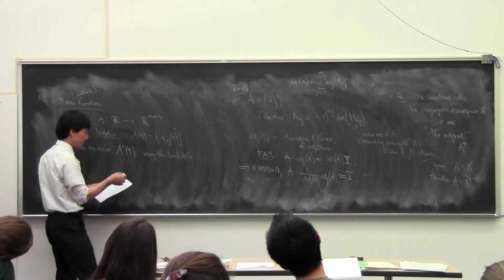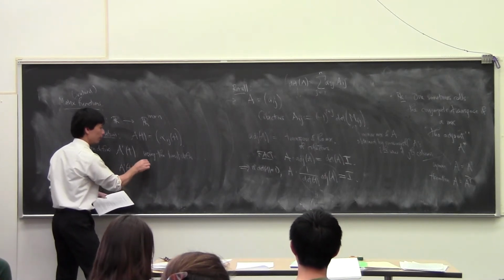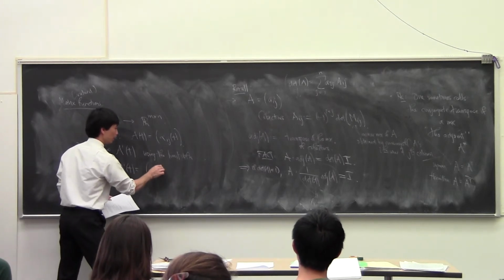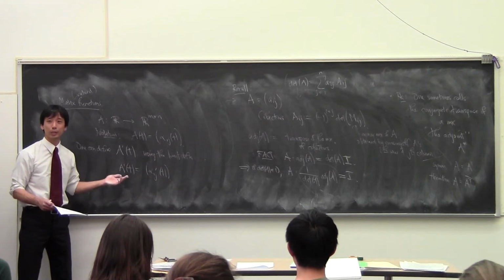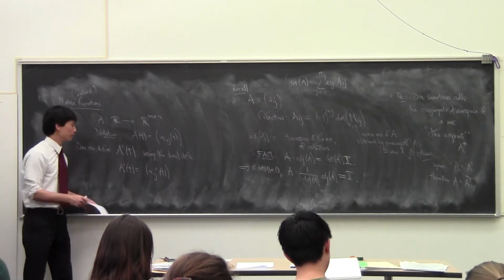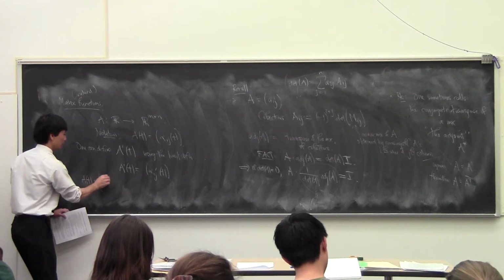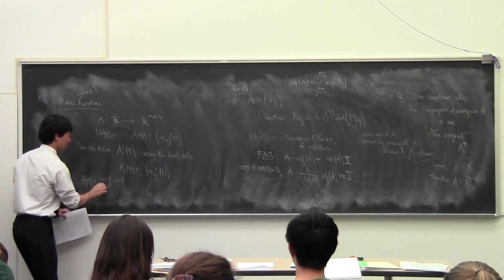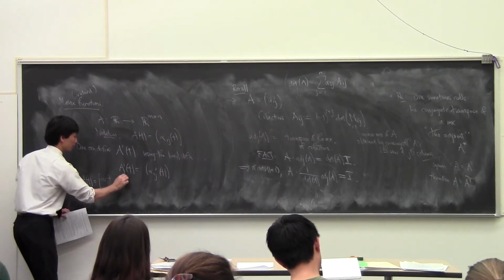Right? And what happens is that A prime of t is just going to be the entry-wise derivative. So you just take every entry and differentiate every entry. Okay. And so if your matrix function was something like cosine t, sine t, sine t, cosine t, right?